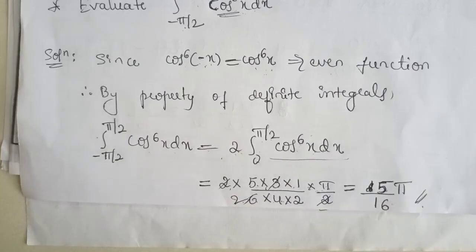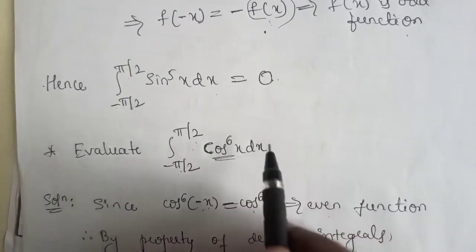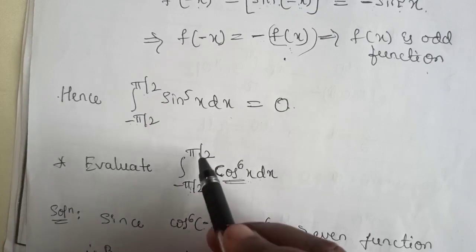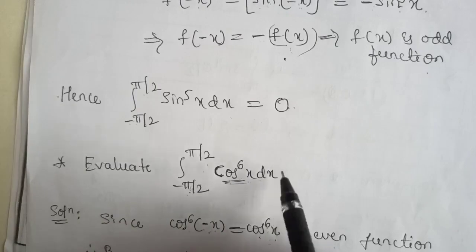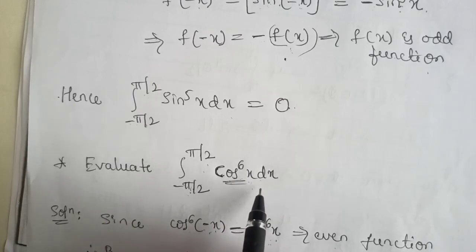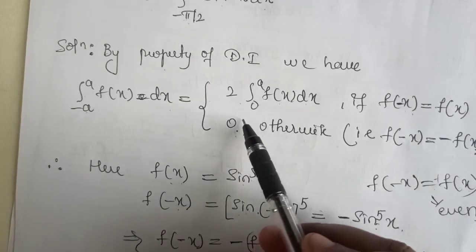If we get these types of problems, where upper and lower limits are the same but opposite in sign, then we check whether the given function is even or odd. If it is an odd function, we get 0.